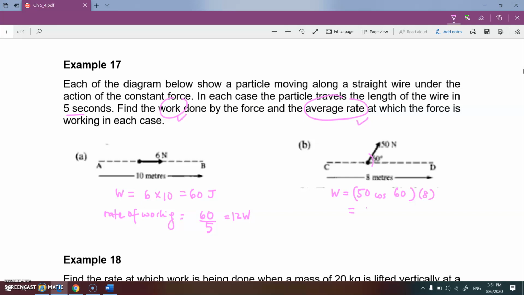So your answer would be 200 joules. What is the average rate of working? You divide by how many seconds? Should be 5. So the answer is 40.